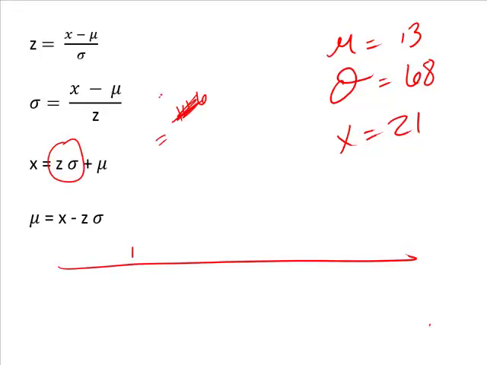Negative 98.86. Plus, no, that's, oh, that's your answer. Yeah, that's right. Okay? So you do the multiplication first, and then you do the addition. So you got a really big negative number, and then you're going to add 13 to it. Okay?